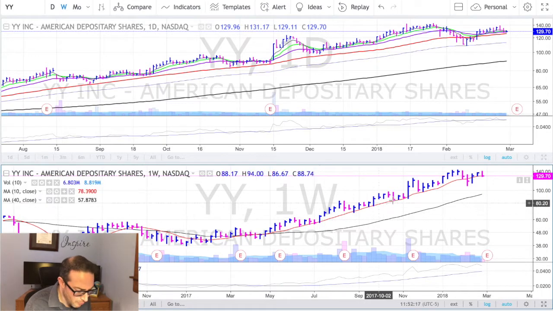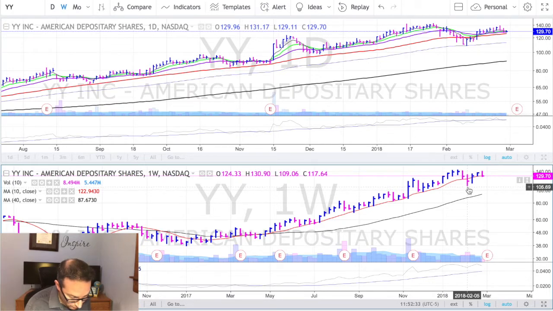Pretty much all along the way, you see this red line here, that's the 10-week moving average. Really since April, it's done a very good job of holding and closing above that line all the way until we get to February of this year, 2018.